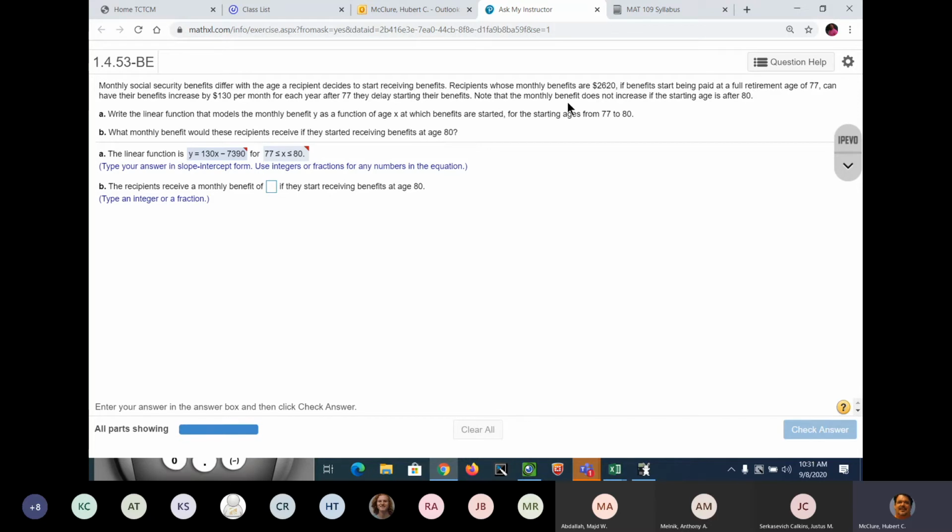Recipients whose monthly benefits are 2620 if benefits start being paid at full retirement age of 77 can have their benefits increased by $130 per month for each year after 77 that they delay starting their benefits. Note that the monthly benefit does not increase if the starting age is after 80.